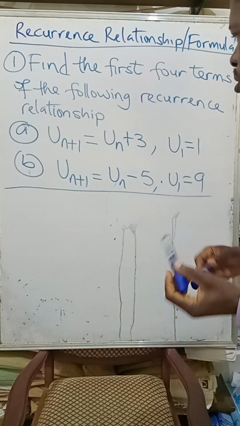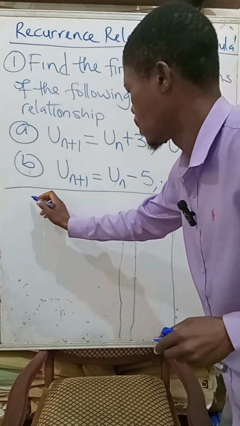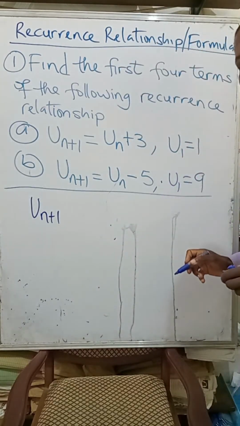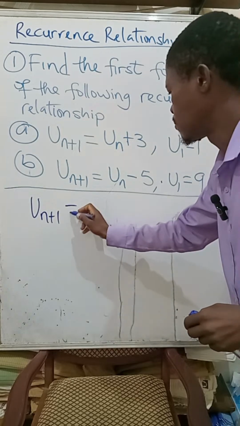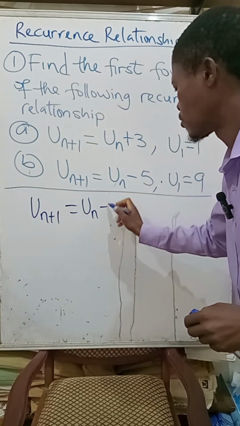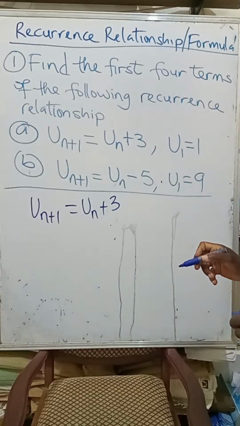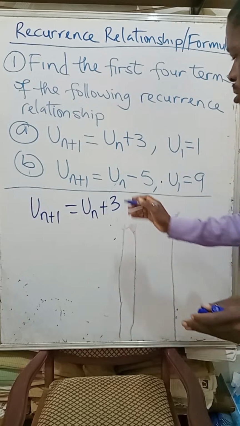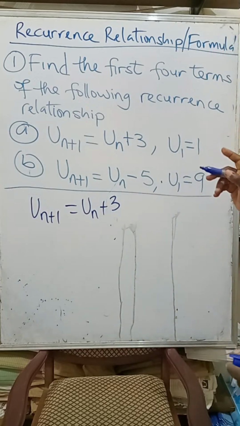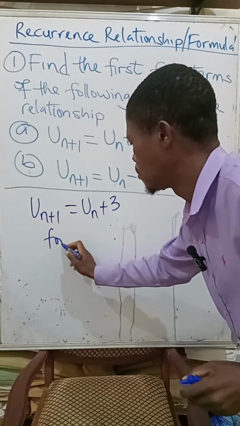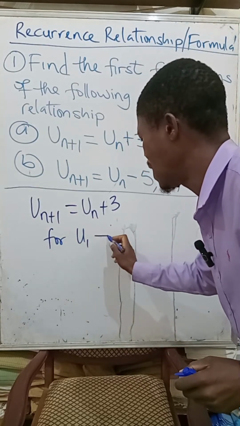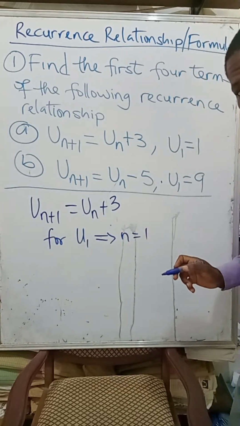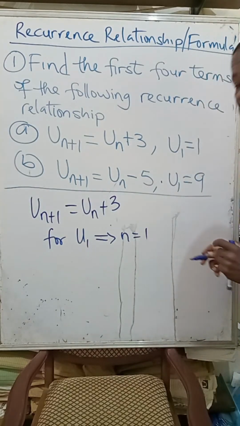Question number one, let's see the solution. We have the n plus 1 term. We have the formula as U n plus 3, U subscript n standing alone plus 3. So the first thing you do for U1, U subscript 1, it implies that n is equal to 1.